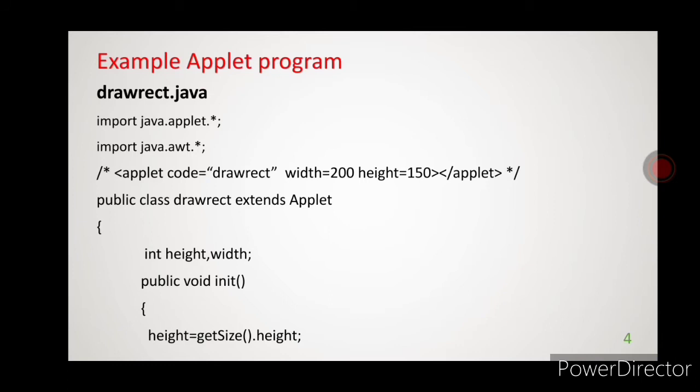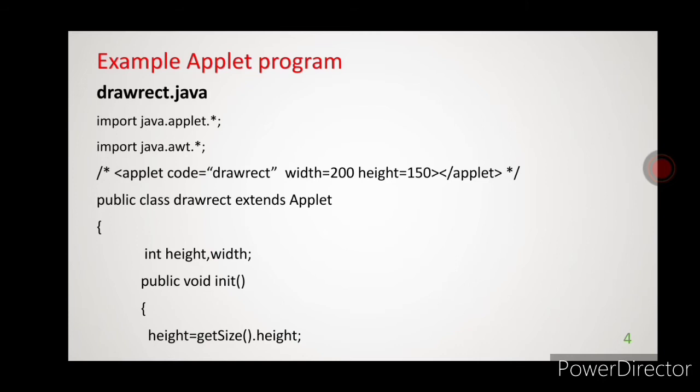And we are writing HTML code within a comment line. We can call this HTML code which we are embedding in a normal Java class, which helps to run an applet in a web browser. This code we will write in a comment line.